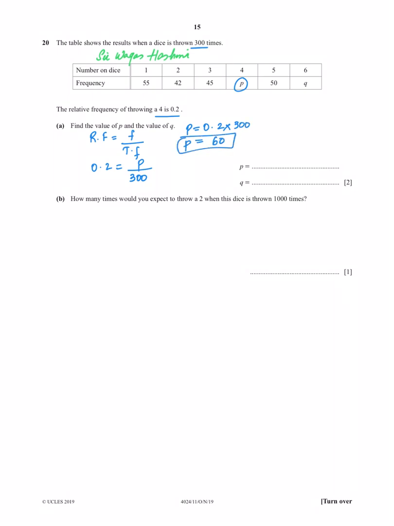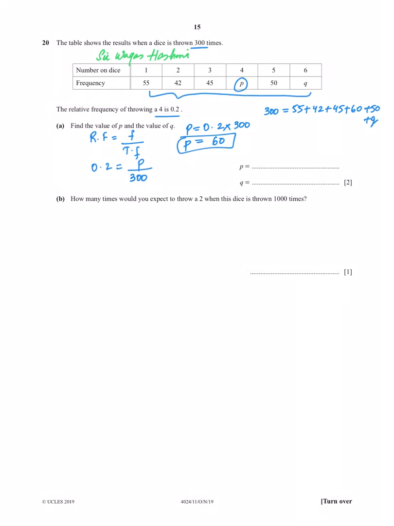Now p can easily be found, it will be 0.2 multiplied by 300, that gives you the value of 60. For q, we can use a summation of frequency. If we add all those values, it will sum up to 300. So we can say that 300 equals 55 plus 42 plus 45 plus p, which is 60, plus 50 plus q.